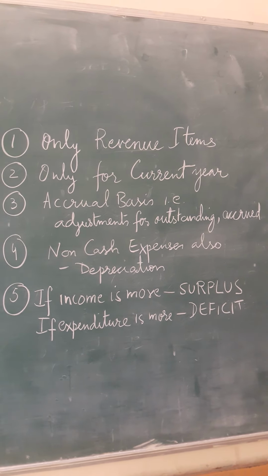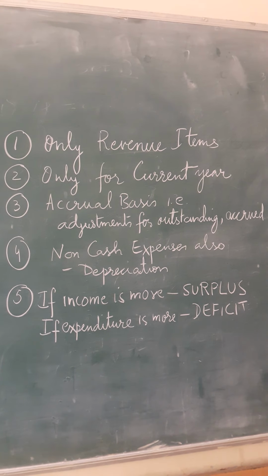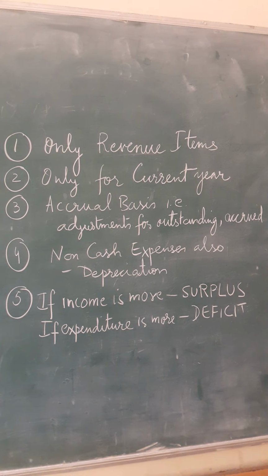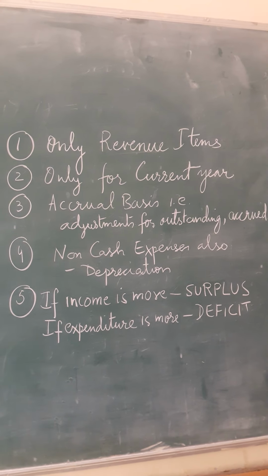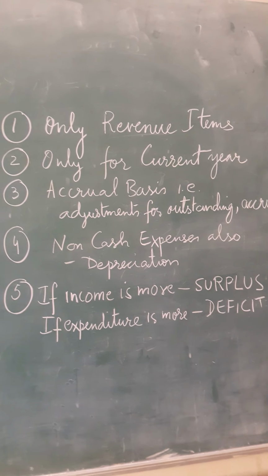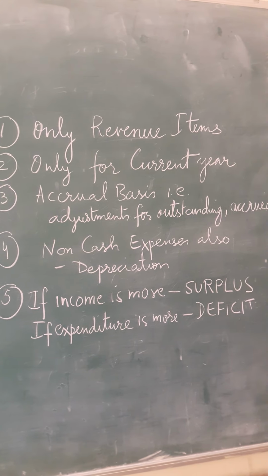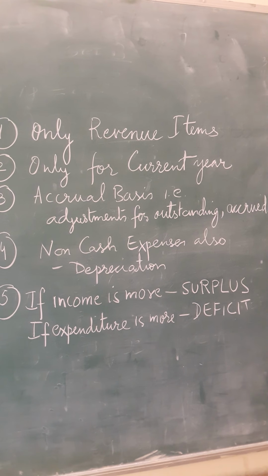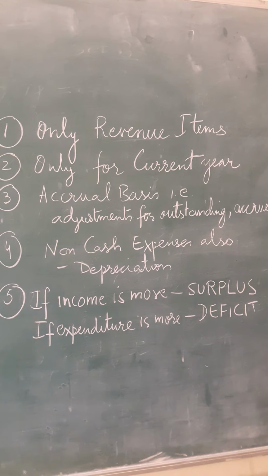Next one, some non-cash expenses are also shown here, mainly depreciation. And you know what depreciation is and it will be shown on the debit side. Now next very important one is, if income is more than expenditure, we get profit but will not call it profit, we will call it surplus.